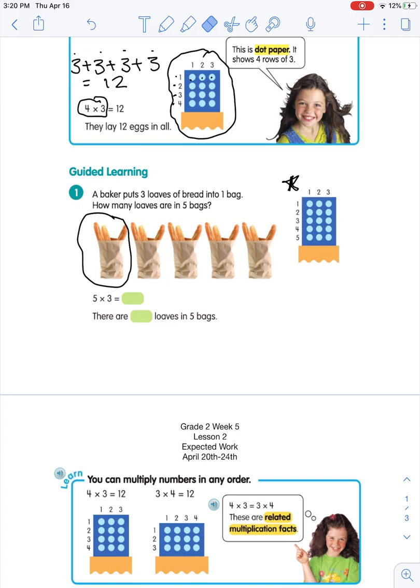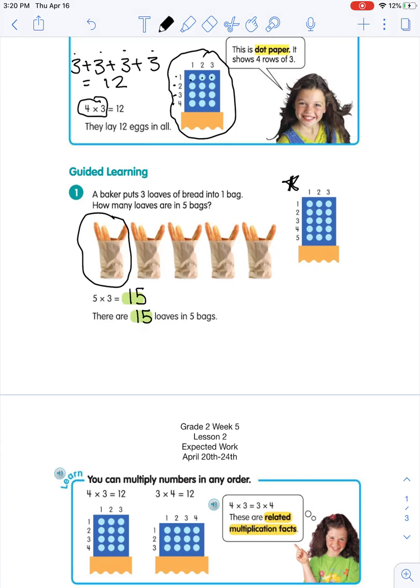So I can use that dot paper to figure it out, or I can skip count by 3s 5 times, or I can use repeated addition, whatever works best for you. I like to skip count, so I'm thinking 3, 6, 9, 12, 15. If I skip count 5 times by 3, I get 15 in total. So I know there would be 15 loaves if I had 5 bags.